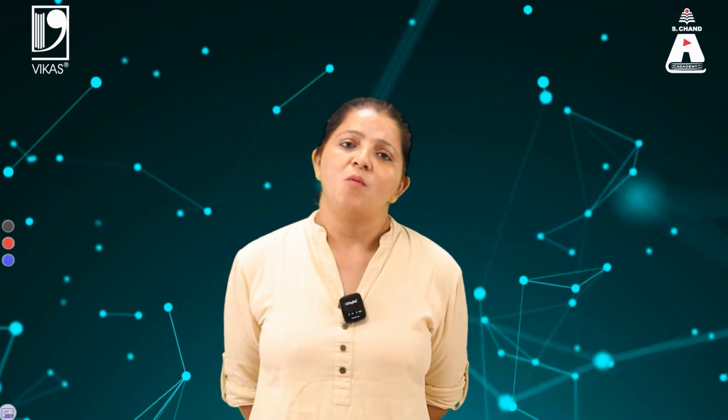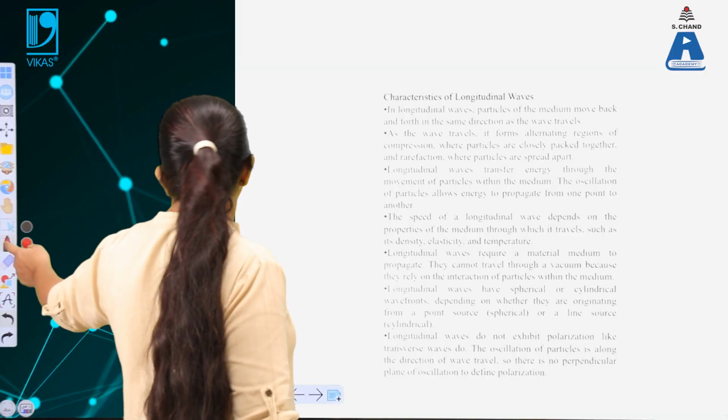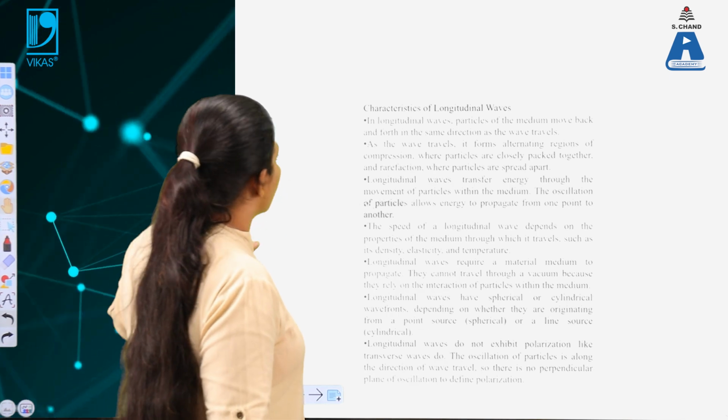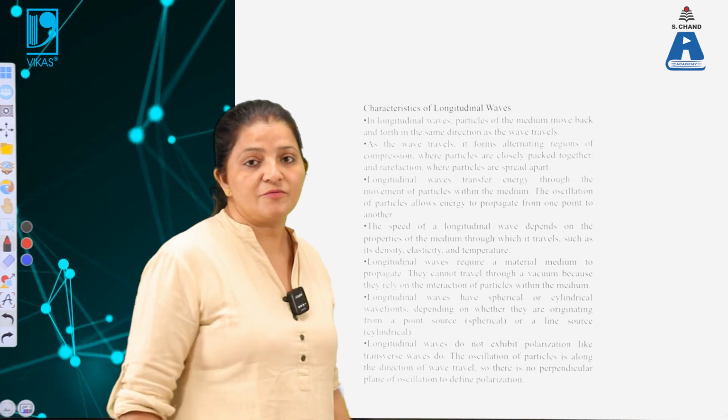Now welcome back to S. Chand Academy. Now we will understand the characteristics of longitudinal waves, how they are different from transverse waves, and what the similarities are between them. Characteristics means how we can define the wave.